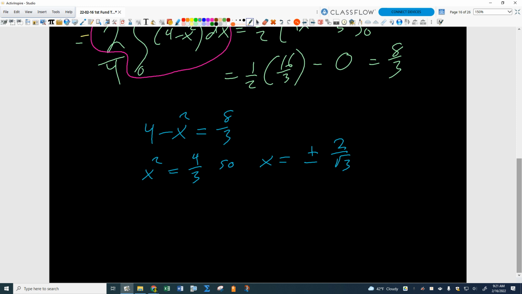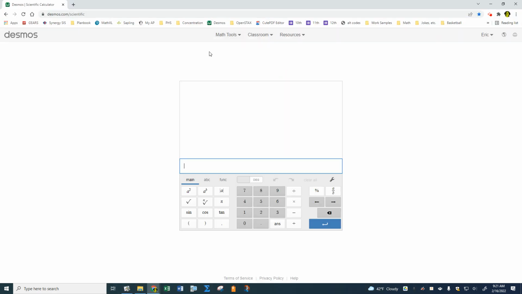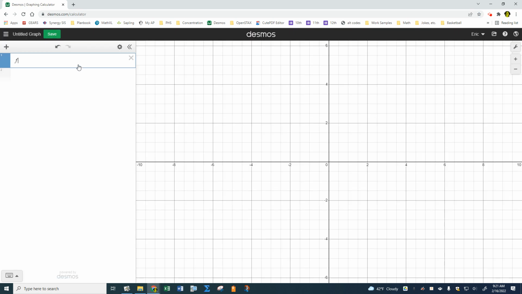And that looks about right, doesn't it? If we look at this function, if we graph this thing, f of x equals, what was it, 4 minus x squared?